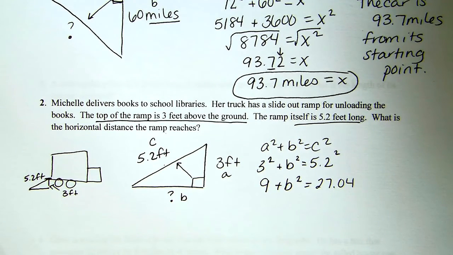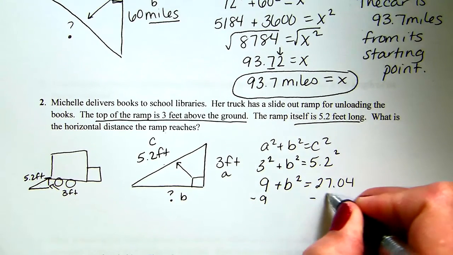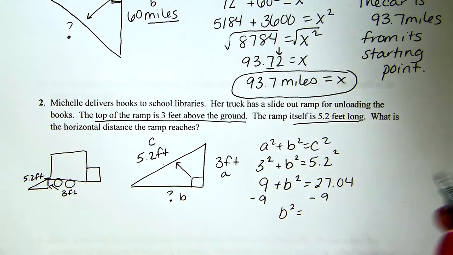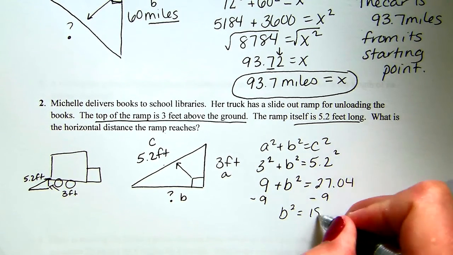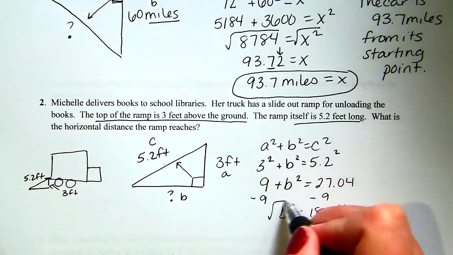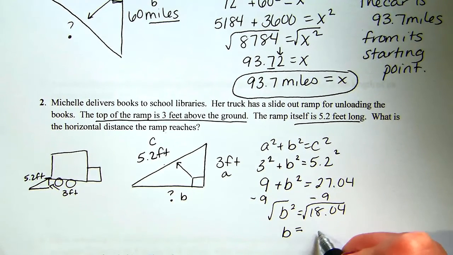Now I'm going to have to subtract 9 from both sides, and when I do that, I'm left with b squared equals 18.04. Now I'm going to need to square root both sides, leaving me with simply b equals 4.24.